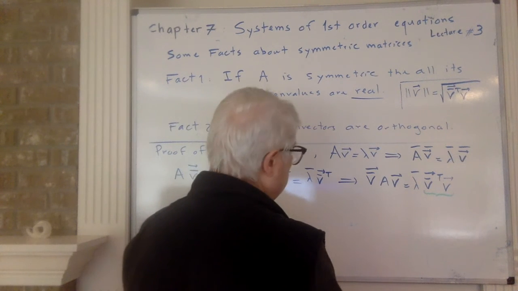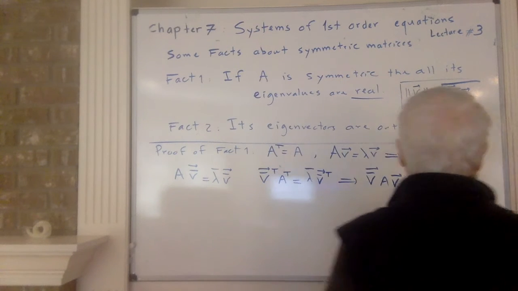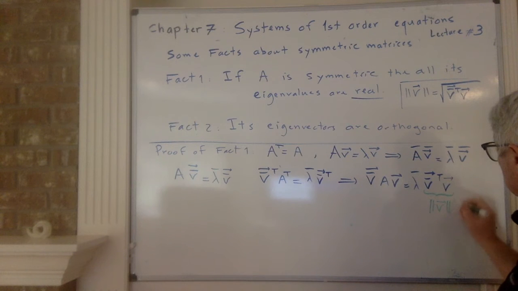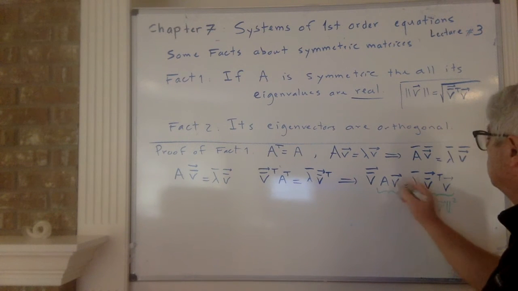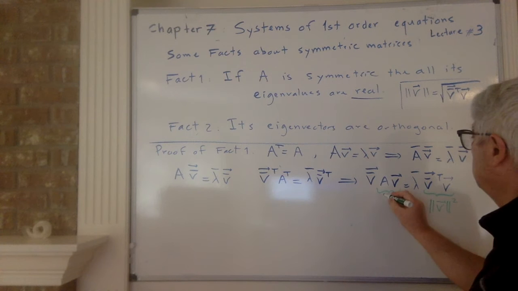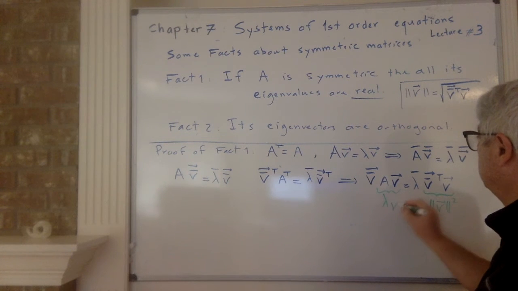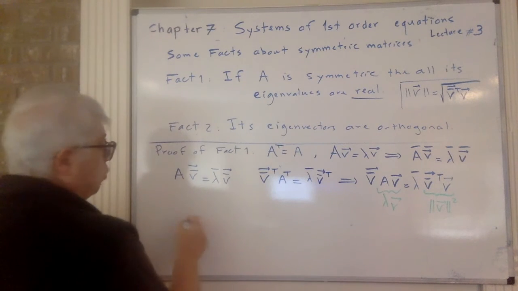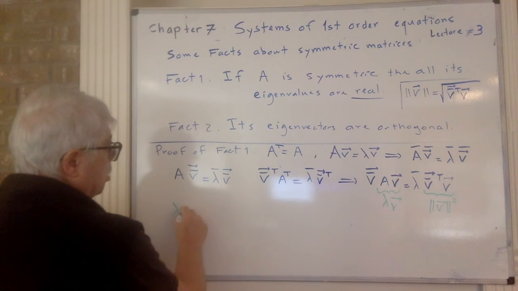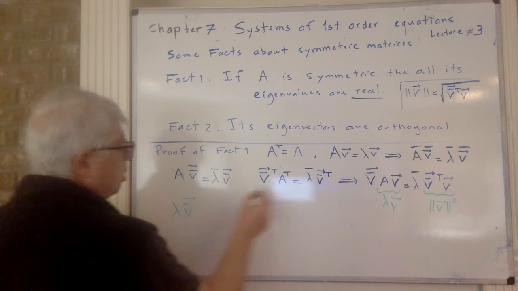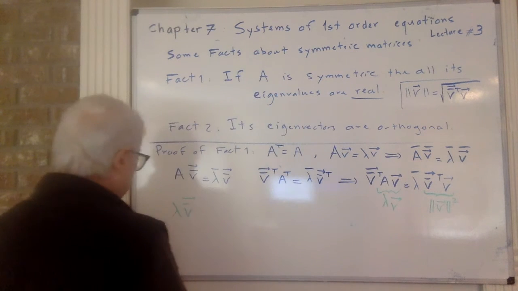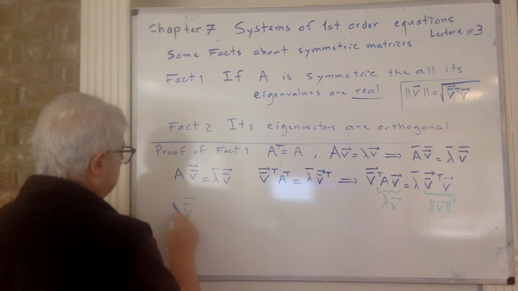So that is, in fact, the magnitude of V squared. What is this? This is right here, that is lambda V. So the left side will be lambda V. Oh, gee, I forgot the transpose. Let me write with blue, I guess blue is much better. You can see that.